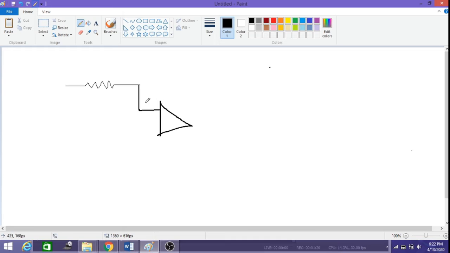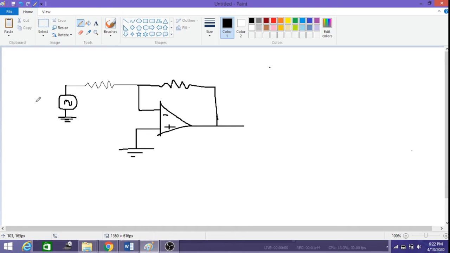If I draw an op-amp circuit here, this is the non-inverting terminal, this is the inverting terminal, and we will be connecting our input source across this point to the inverting terminal. This is our ground point. This we call Vs, this is our R1 and this is RF. So this is a basic inverting amplifier.